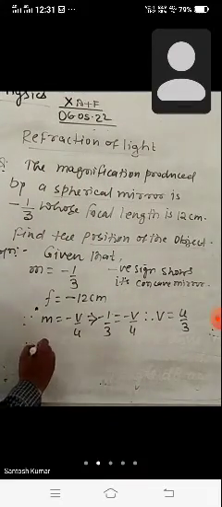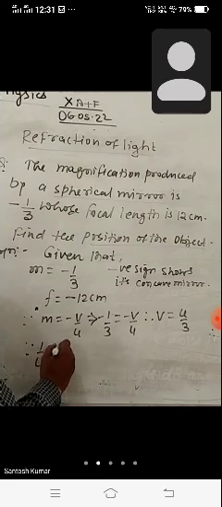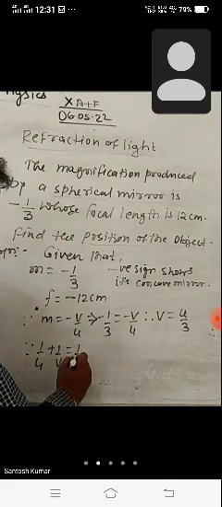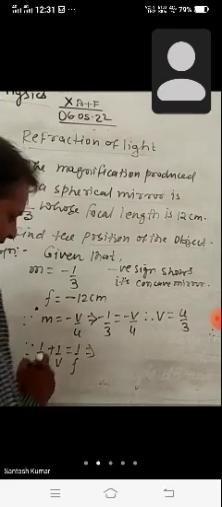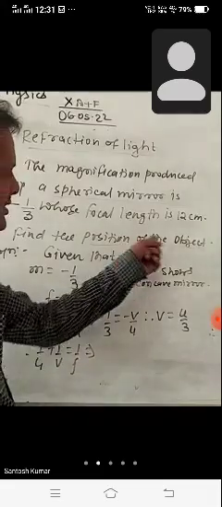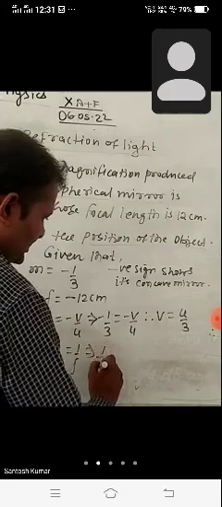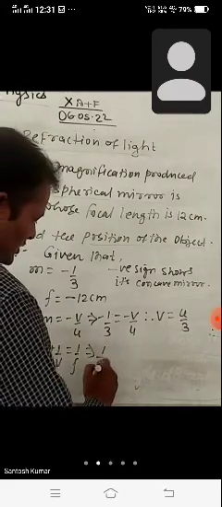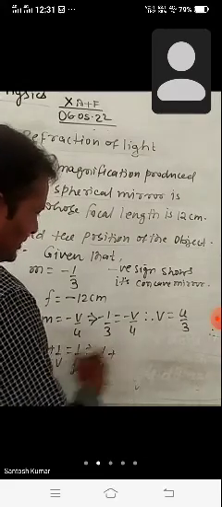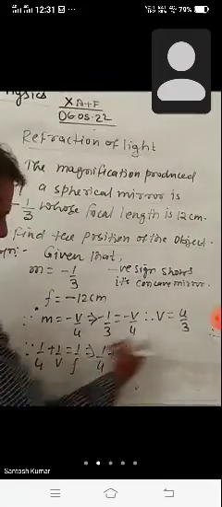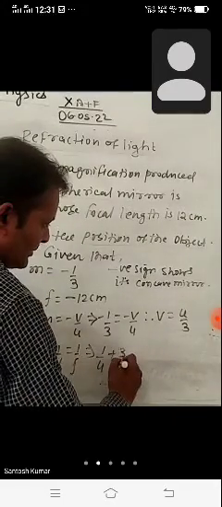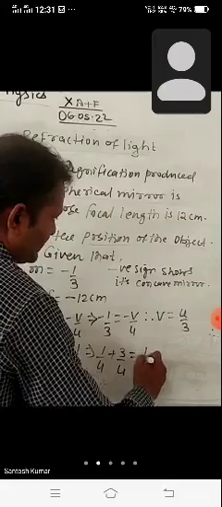Now, 1/u + 1/v = 1/f. Our target is, just see, 1/u + 1/v, that is 3/u, equals 1/f. f is minus 12.